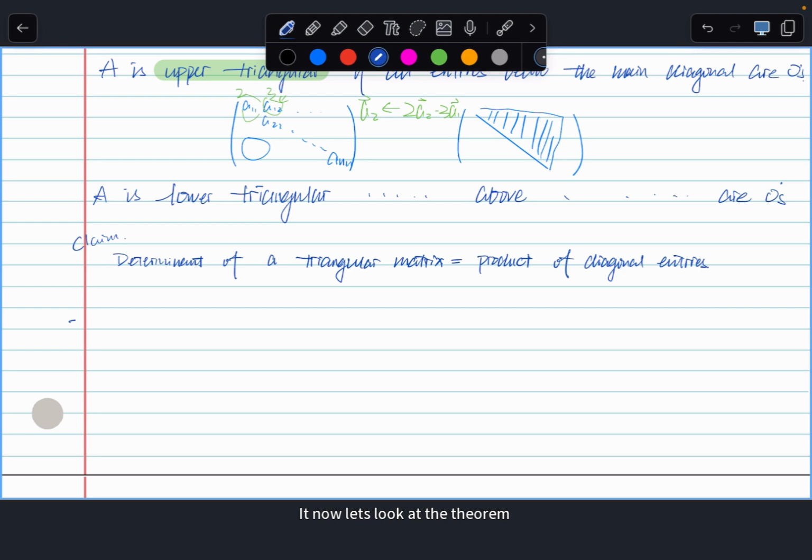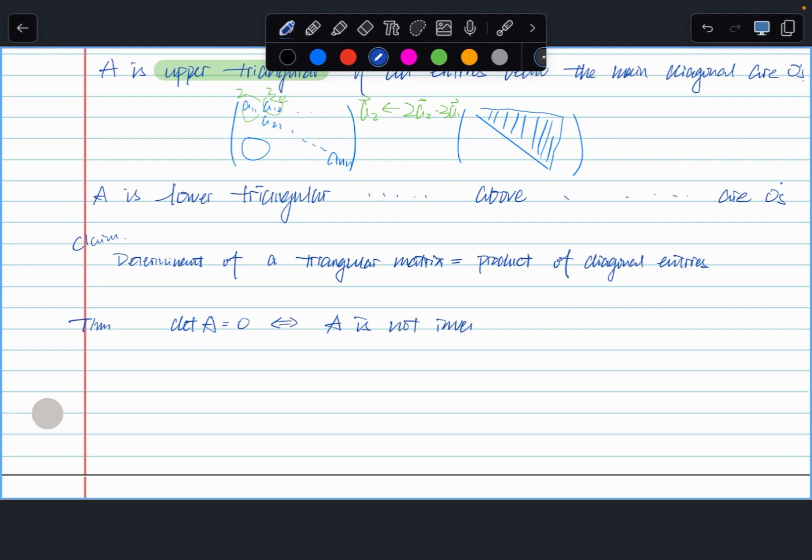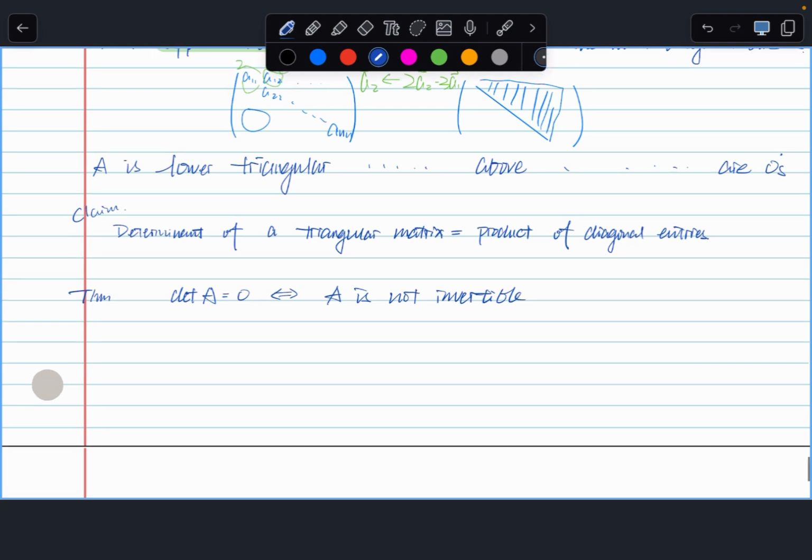Okay, now let's look at the theorem. This theorem, we already talked about it: the determinant of A equals 0 if and only if A is not invertible.